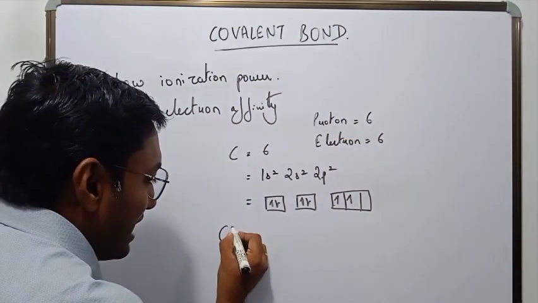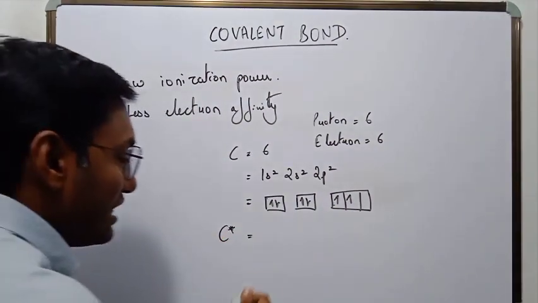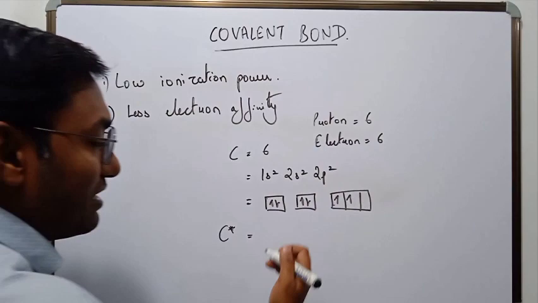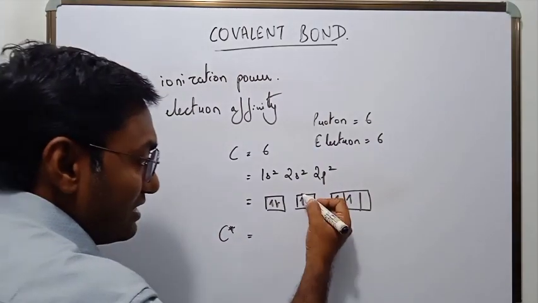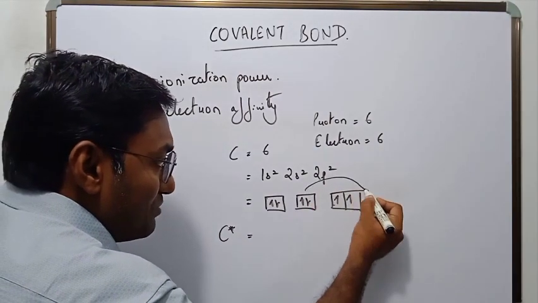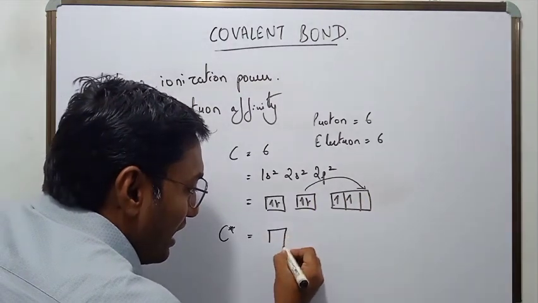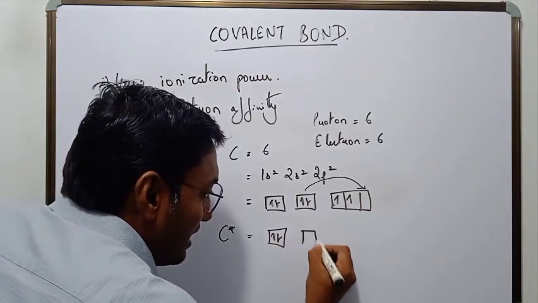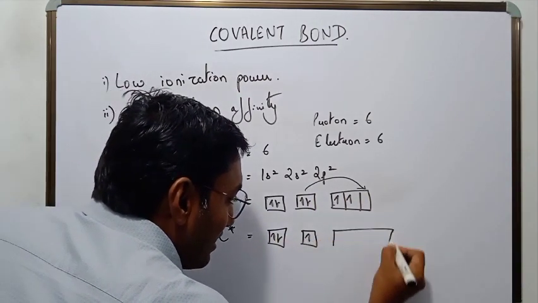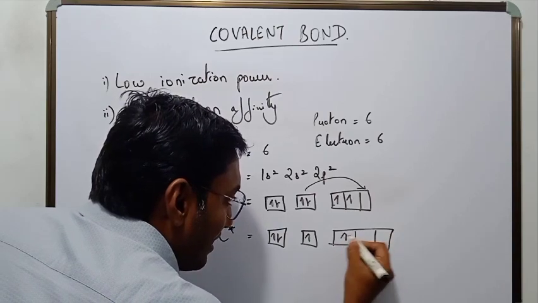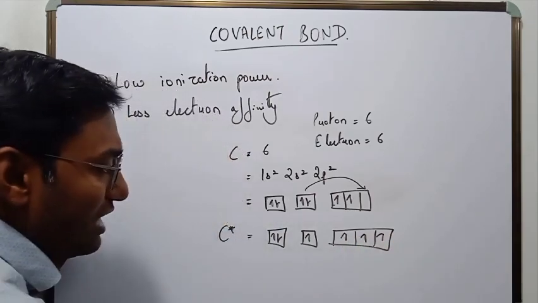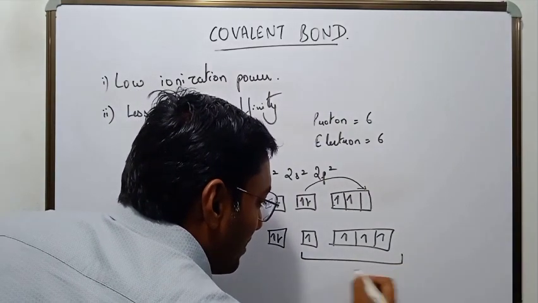When it becomes activated, before going to a reaction, the electron from this orbit jumps to this orbit. So it would become like this. Right? So now the valency of carbon is 4.